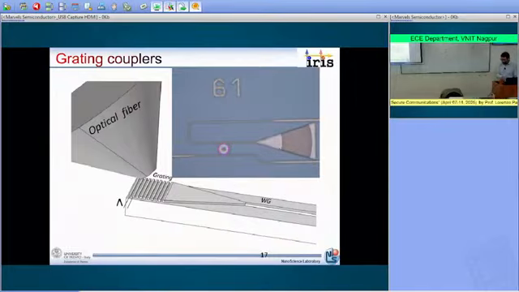I could do a grating coupler with a square. I can do something like that. So instead of doing that, in the design, what we did was something like that. Why?